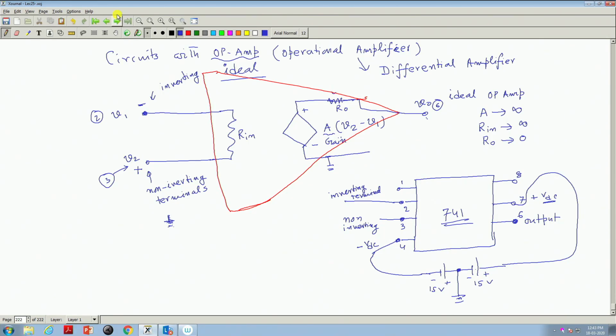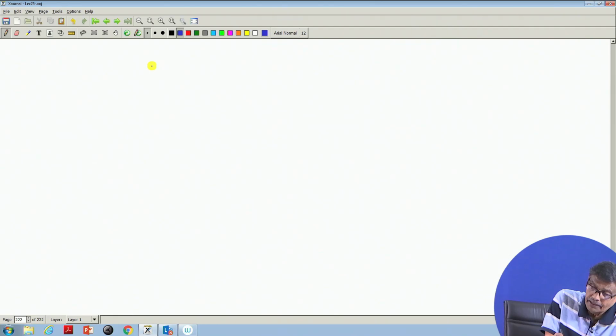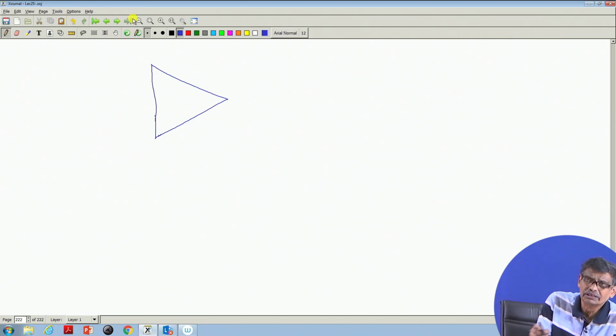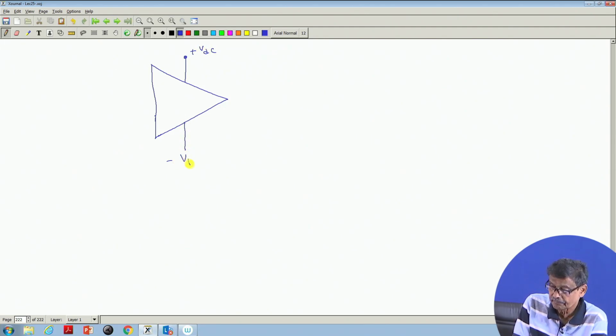Now, let us come here. This op amp will be represented like this, not showing all the pins. Here you show only the supply connections, plus VDC and minus VDC, those two batteries, and the common point of those batteries is the ground.